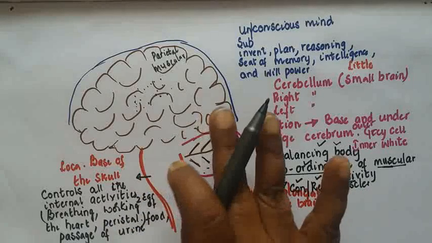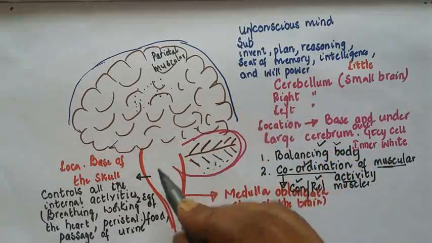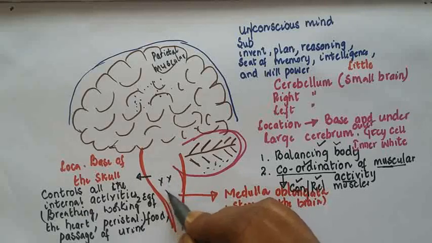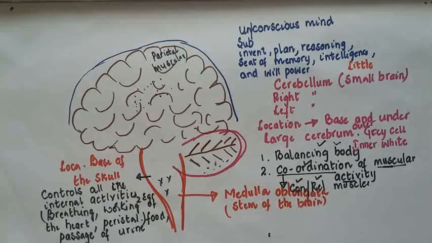If there is a head injury, especially an injury to the medulla oblongata, the person dies on the spot, or instantaneously. The reason behind this sudden death is that the medulla oblongata, which controls all the internal organs of the body, is injured, due to which he dies on the spot.